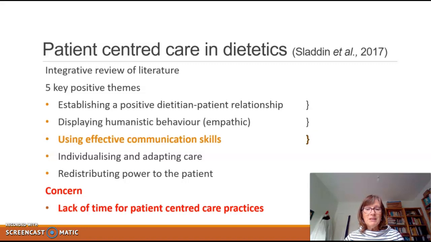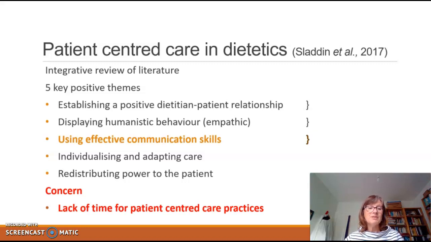The first 3 really link together. Notice I've highlighted the effective communication skills, and that's because we need effective communication skills if we're going to do the first 2 themes here. If we're going to establish a relationship, build rapport with our patients so that they feel they can trust us and share their reality with us.